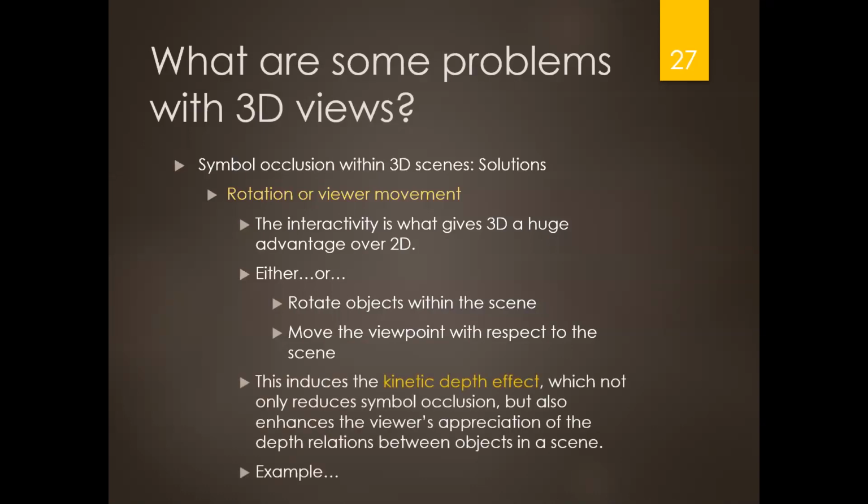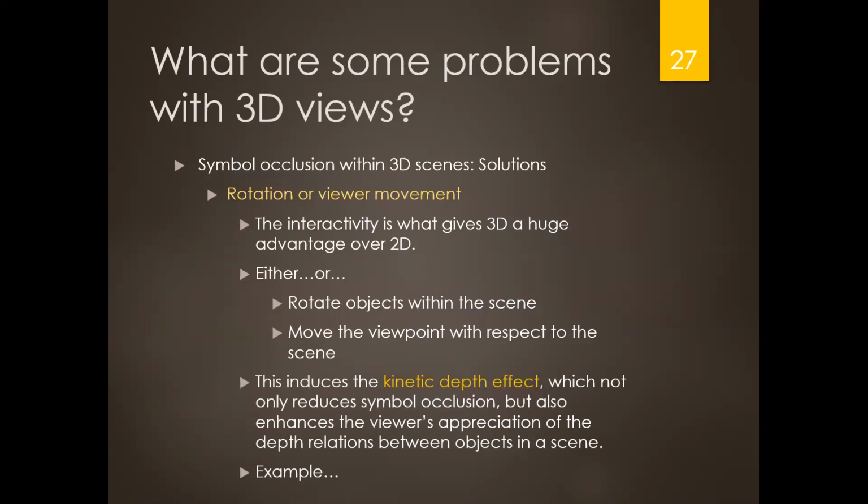Okay, so another effect I want to introduce here is called the kinetic depth effect. It means that when we're looking at a static 3D geovisualization, we have very poor judgment of distance and the spatial relationship among different objects in your geovisualization.